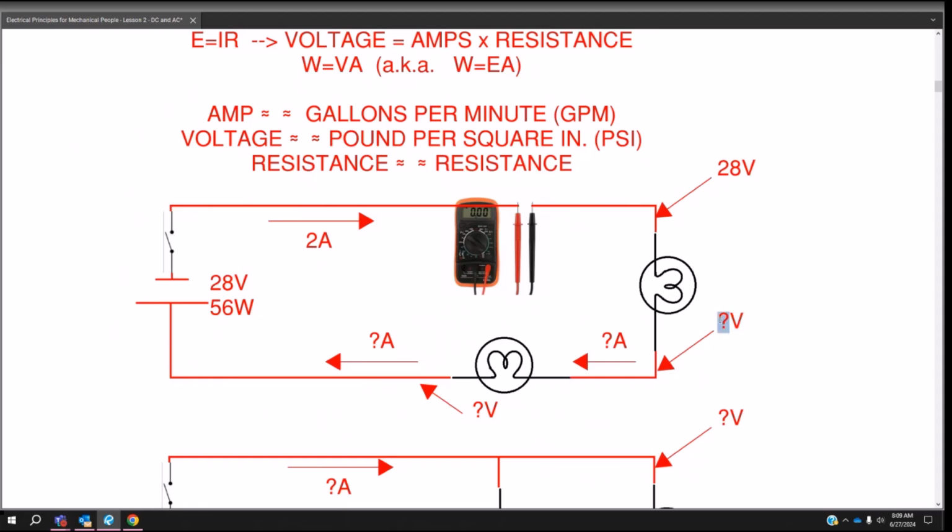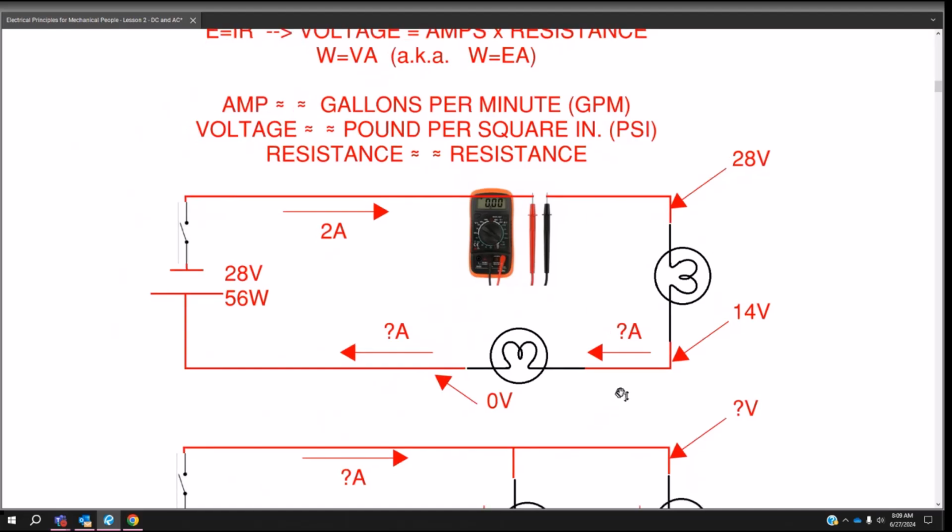So close. It is actually 0. The reason for that is there is 0 resistance, essentially, from this side of the battery all the way to here. It's just copper wire. Assume no resistance. So if I were to take a measurement from here to the opposite side of the battery, I would read the full battery potential, the full battery voltage.